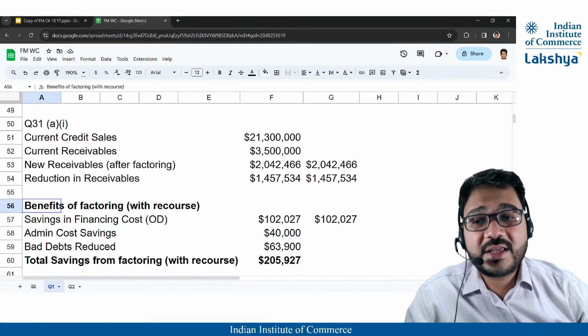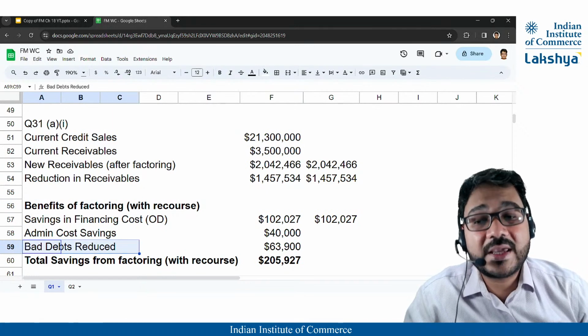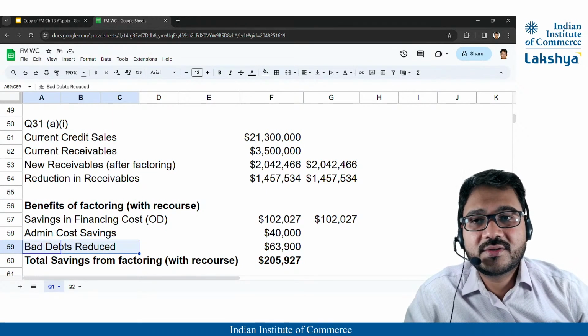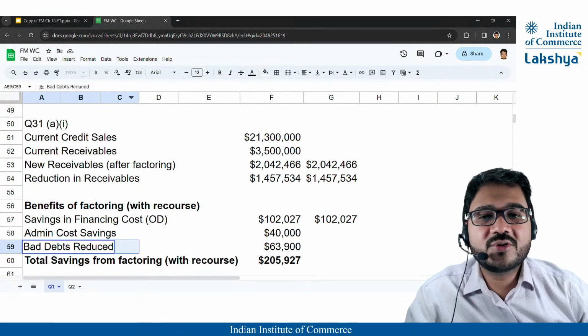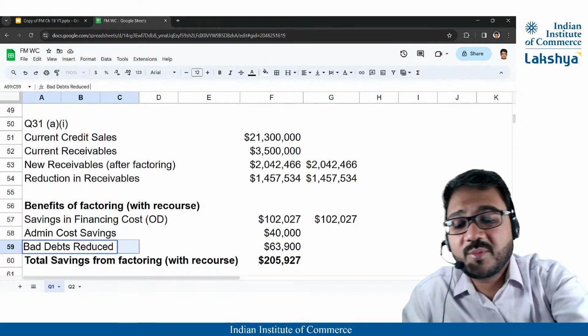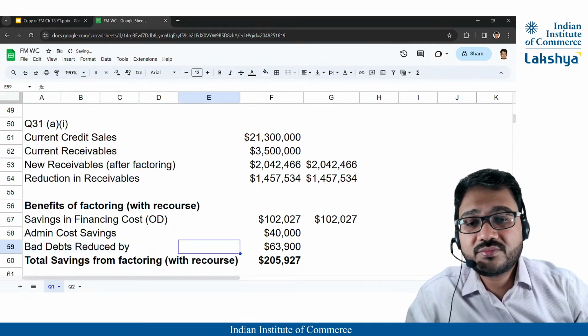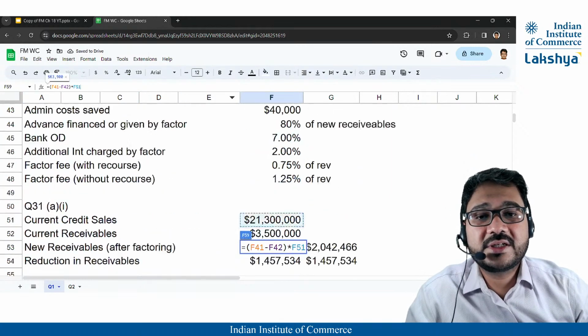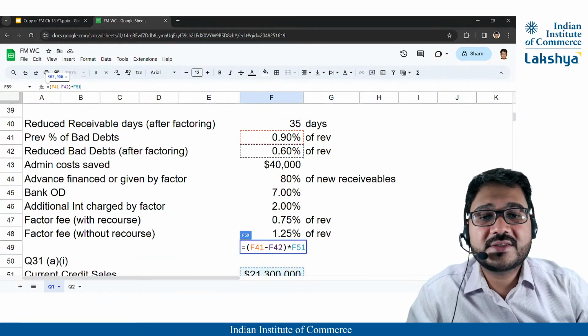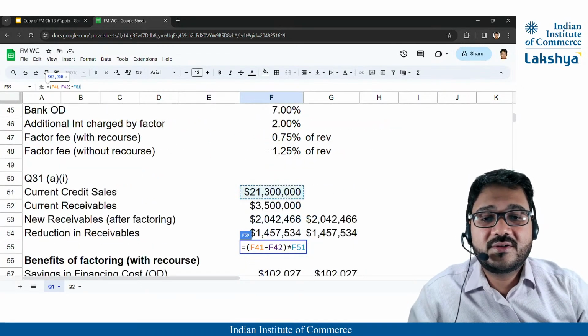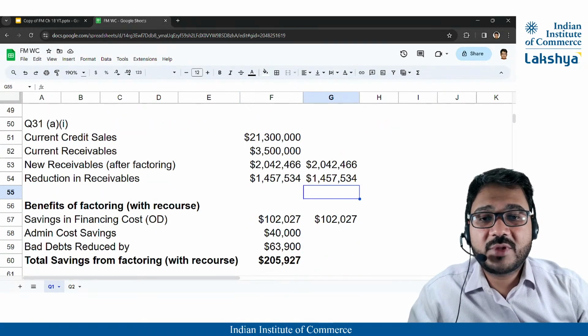If I had taken factoring, then my bad debts will get reduced by, okay, it is reduced, not reduced to, it is reduced by the difference between 0.9 and 0.6. So you will say how much is my bad debts reduced by?